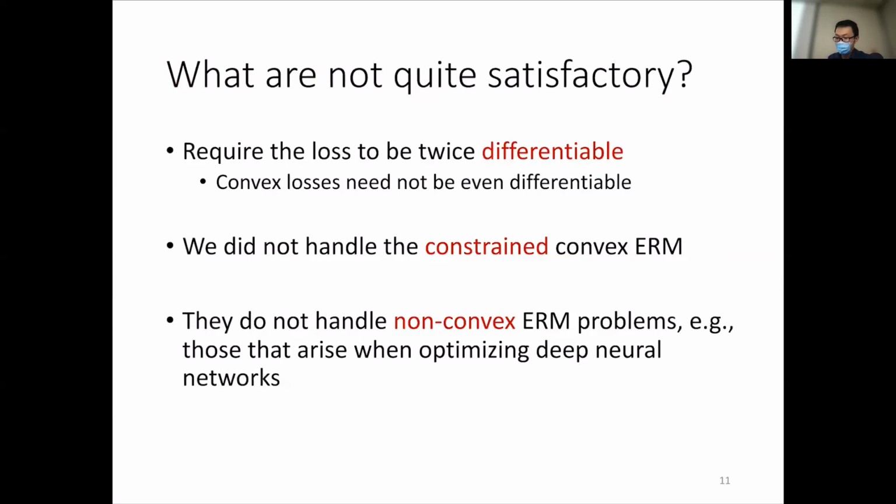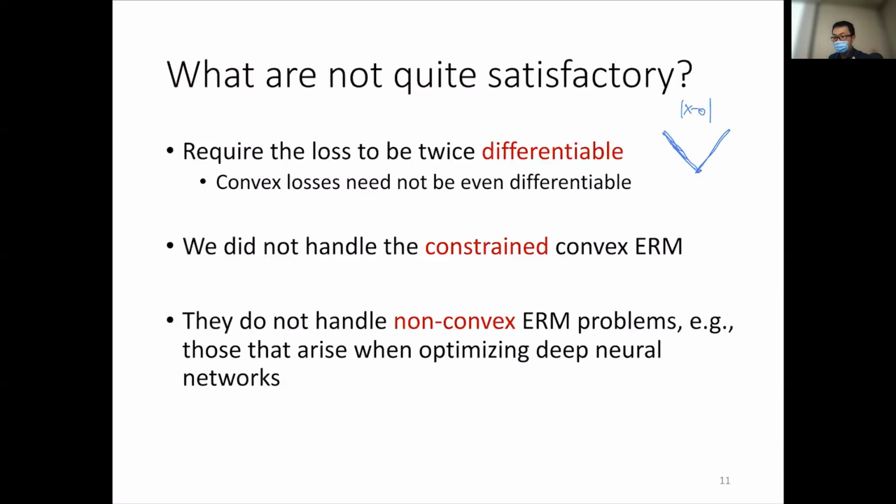Take the absolute value loss, which looks like this, right? This is a convex loss, but it is not differentiable at 0. And this is a kind of loss that gives you the robustness that's typically needed in learning.